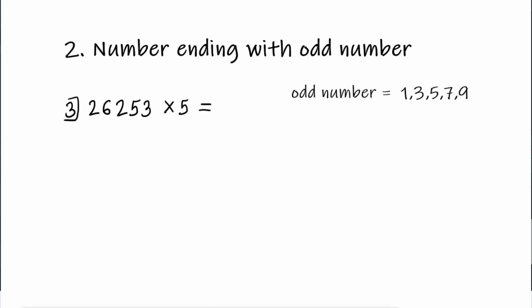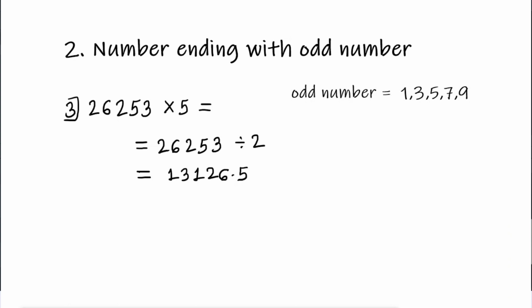Let's take one more example: 26,253 multiplied by 5. We already know this number is odd because the last digit is 3, and 3 is an odd number. First step: divide by 2. 26,253 divided by 2 is 13,126.5.